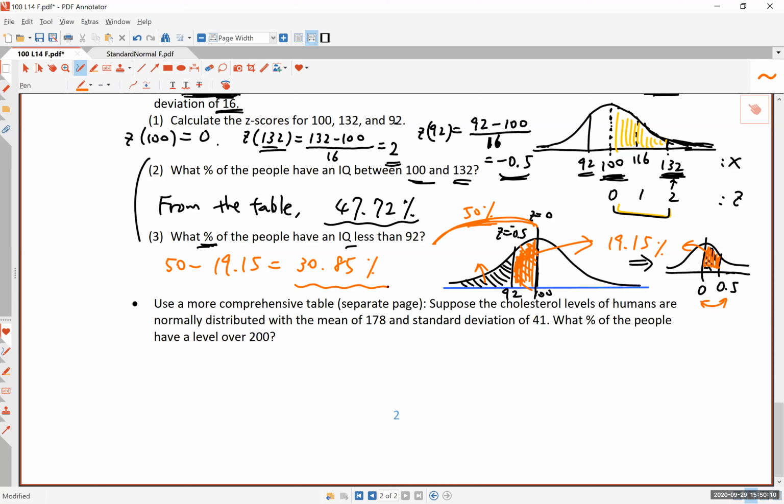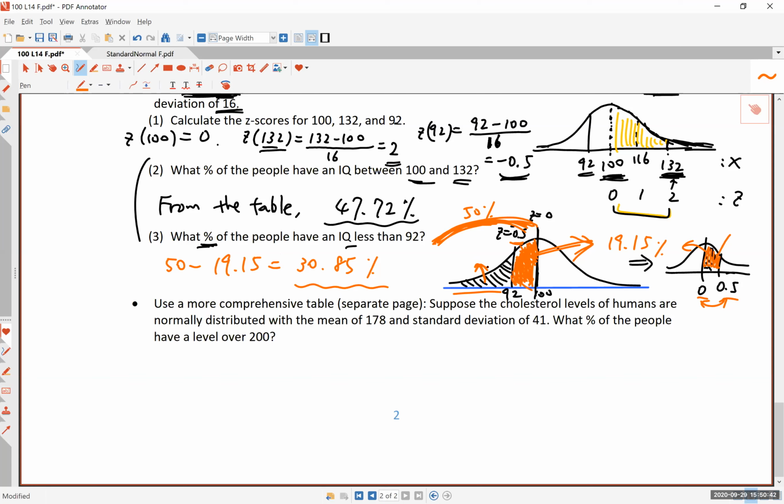The reason I had to subtract is because I needed to know this area to the left of 92. I know everything to the left of the mean is 50%, and I know the area between Z equal to 0 and 0.5, except it's negative 0.5, but by symmetry, I know that this has 19%. So I have to subtract 19.15% from 50% to get this area.